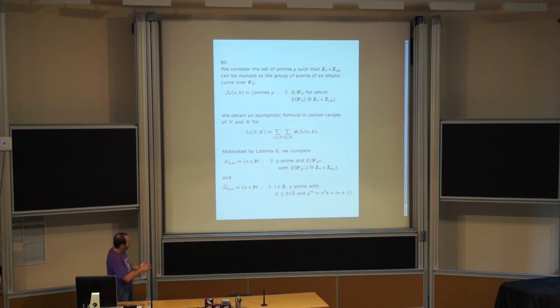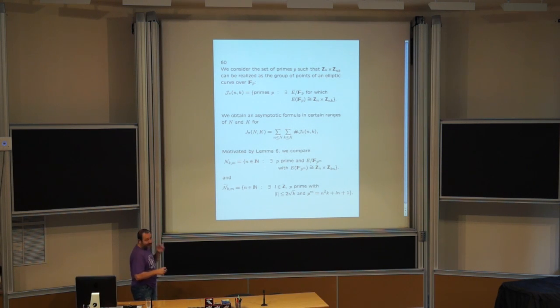So this set N sub k, m has two parameters, k, which is one of the integers, and m, which tells you we work with fields of p to the m elements, but p is not fixed. It's just a type of the fields. And this set counts exactly the number of fields of p to the m elements for a fixed m, for which there is a curve with a given group structure.